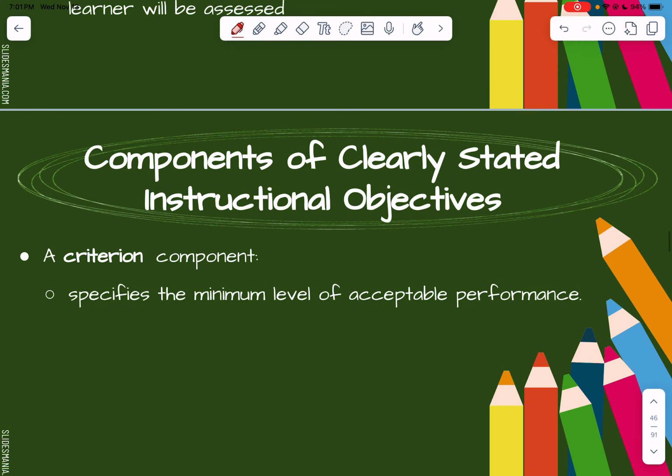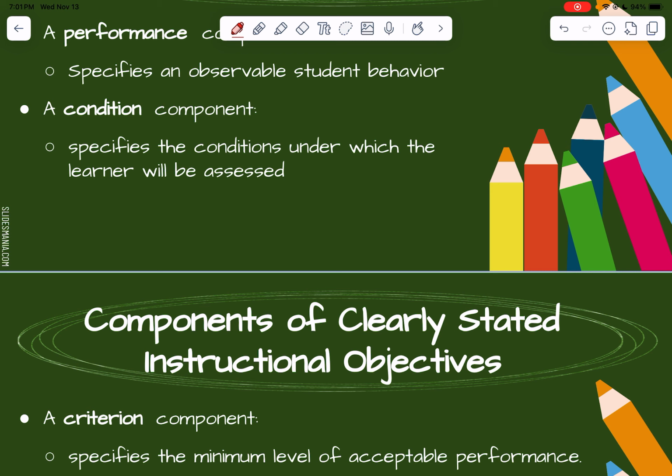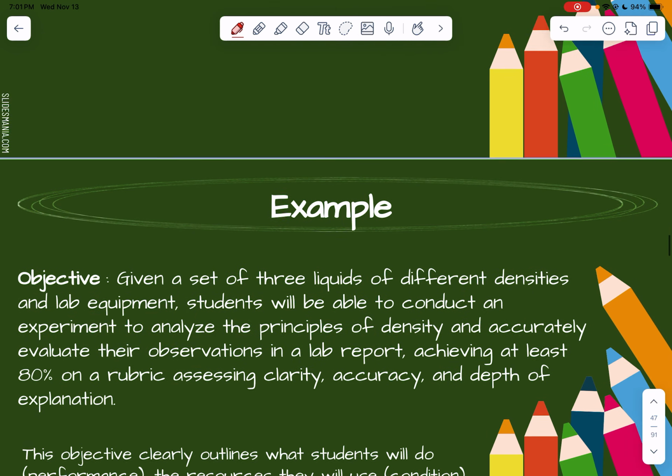Whereas a criterion component will specify the minimum level of acceptable performance. And so these 3 you can combine together theoretically into a single learning objective on a single skill, or you can individualize each of these 3 components into their own learning objectives.